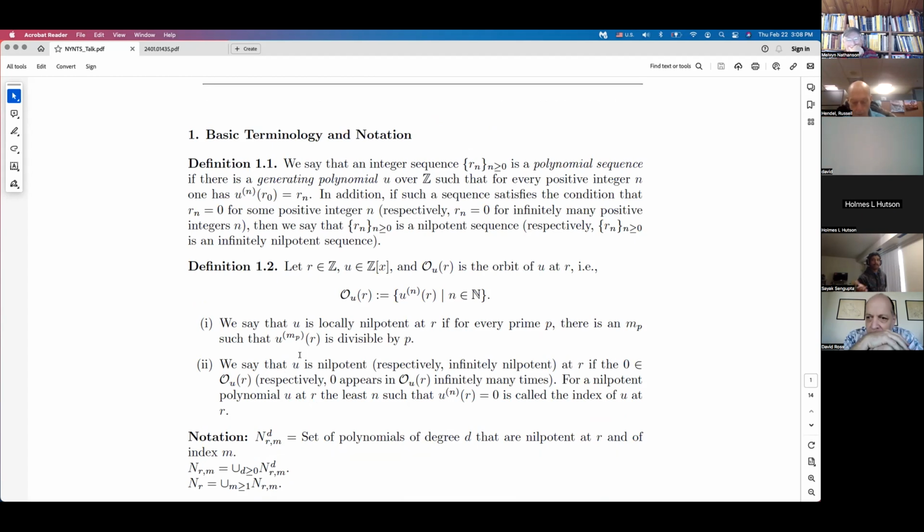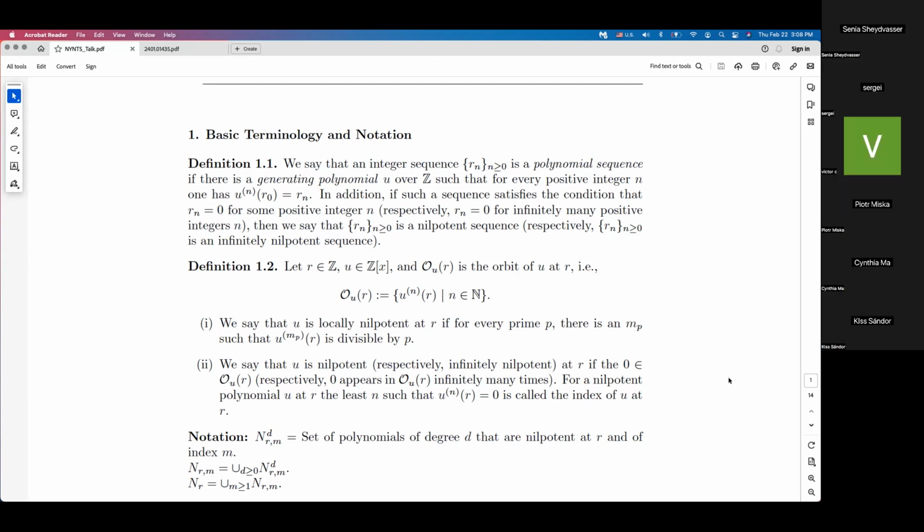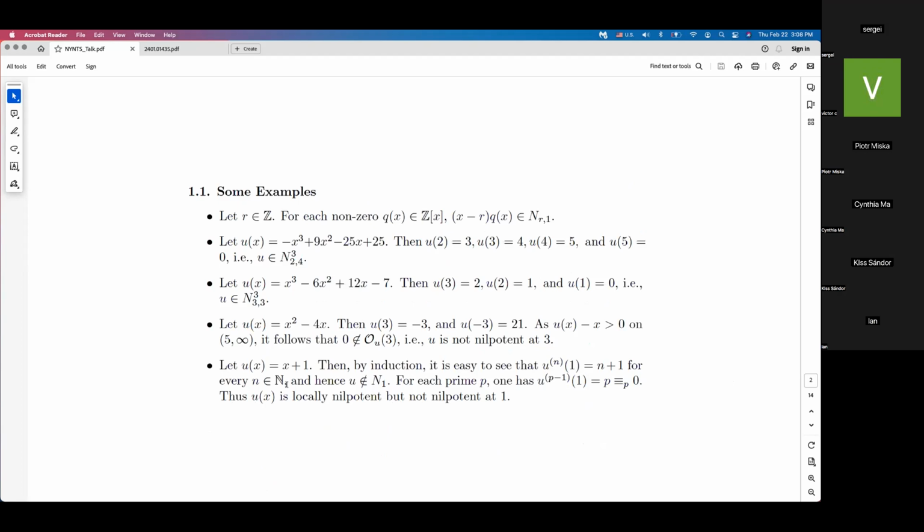So for every prime, you can consider whatever that index is to be our MP. So that is pretty clear. But what about the other one? Can there be polynomials which are locally nilpotent, but not nilpotent when a starting point is given? Well, yes, that is true, which is exhibited by this example.